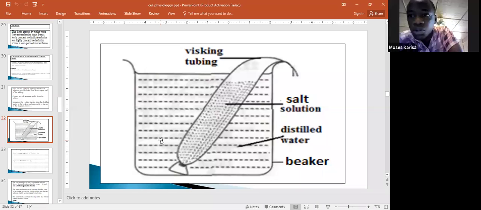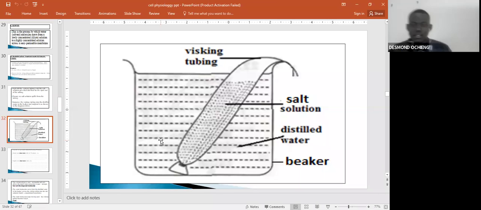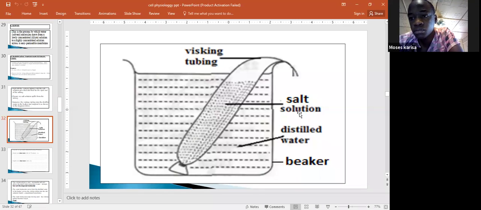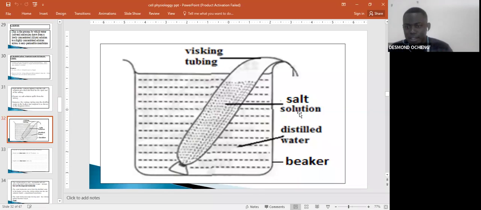We'll observe that water entered inside the solution through the semi-permeable membrane. So we can say that more water entered the visking tubing after 30 minutes. Great.